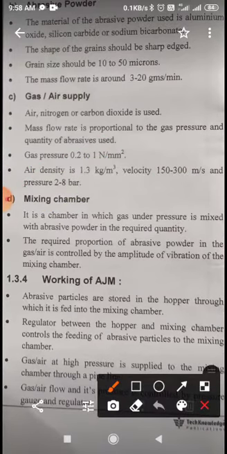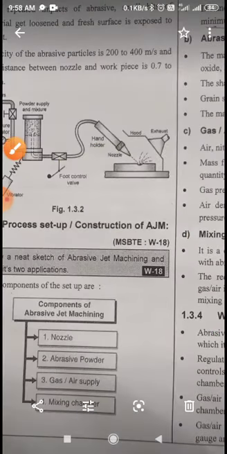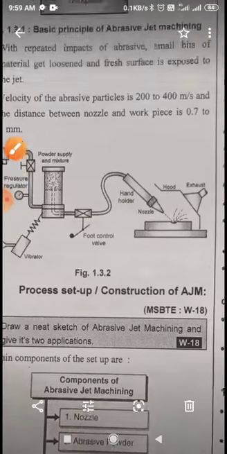Then the mixing chamber. These are the different components: nozzle, abrasive powder, gas air supply. Now we look at the mixing chamber. It is the chamber in which gas under pressure is mixed with abrasive powder in the required quantity. The required proportion of abrasive powder in the gas is controlled by the amplitude of vibration of the mixing chamber. You can see the vibrator here.